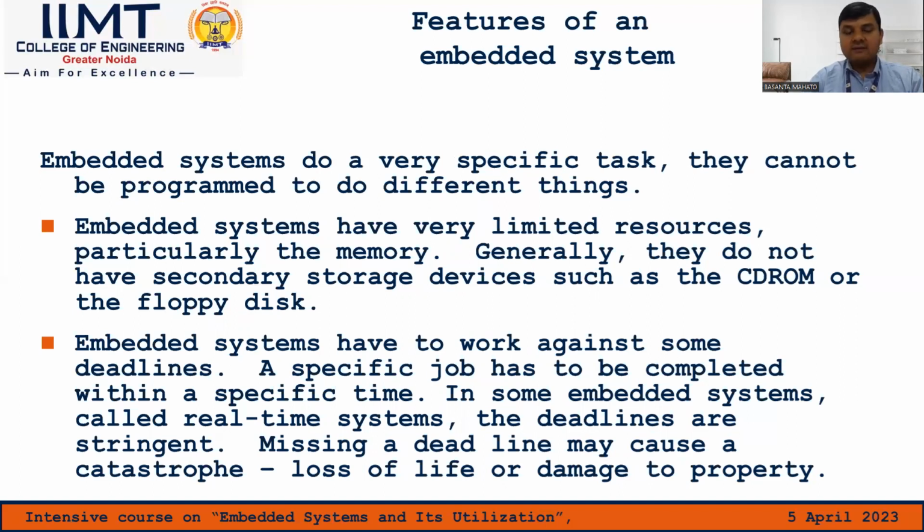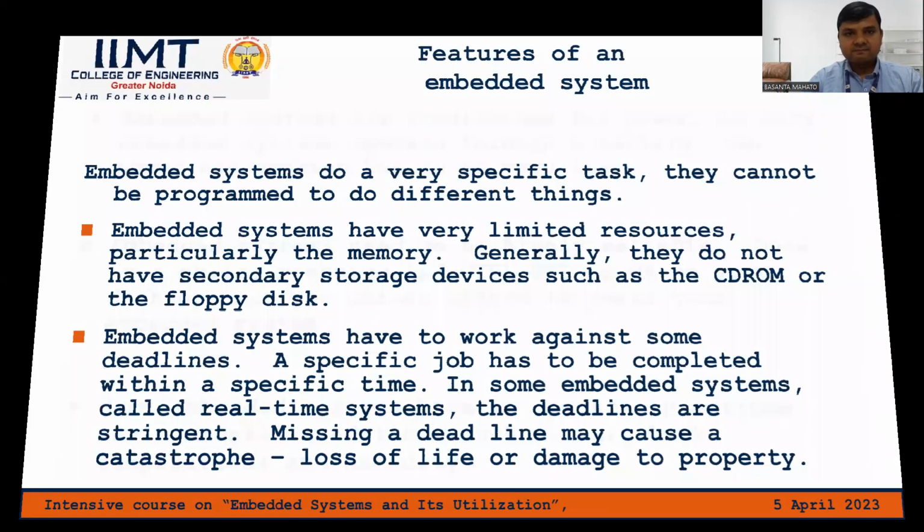Generally they do not have secondary storage. Embedded systems have to work against deadlines. That means the job has to be completed within a specific time. In some embedded systems, called real-time embedded systems, the deadlines are strict and very specific.